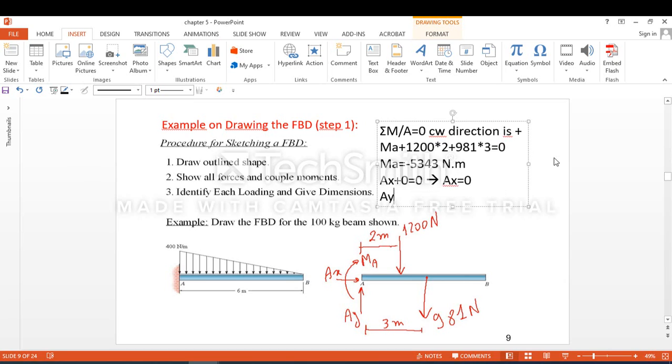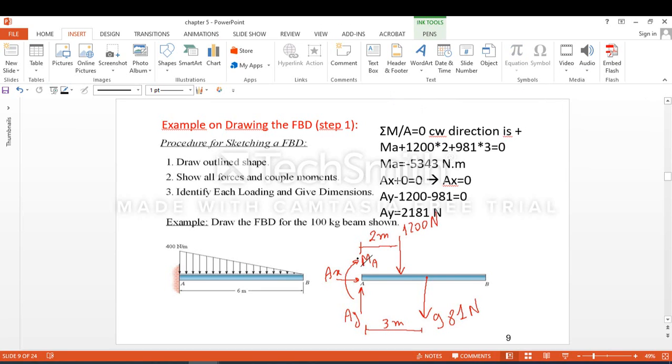Now I know that AY minus 1200 minus 981 is equal to 0, and this implies that AY is equal to 2181 newtons.